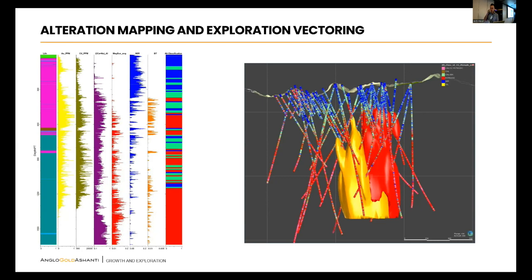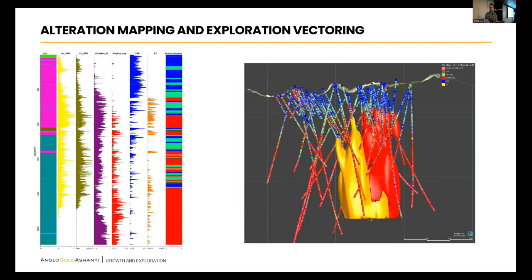The objective data, such as the TerraSpec and the geochem, were combined with the logging to build an alteration classification for each drill sample. The method that we used was to first establish what the alteration mineral assemblages were and their paragenesis, so that's their relative timing to one another.